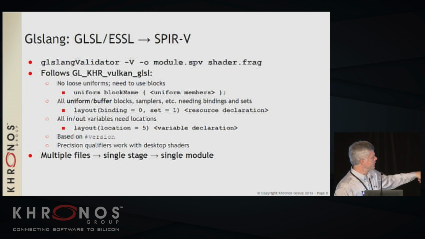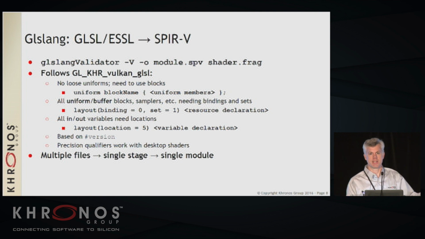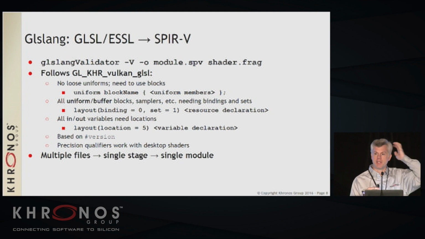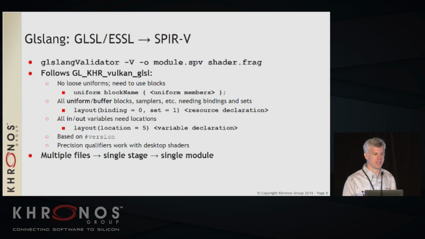But we are still using the pound version and respecting the pound version from GLSL and ESSL as a way of roughly declaring what capability set you're after. And this also lets you maintain some portability of the same shaders between, say, OpenGL and Vulkan or OpenGL ES and Vulkan by respecting the pound version.